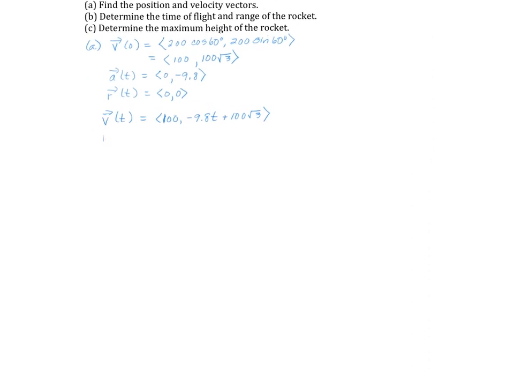So our position vector r of t is going to be 100t, comma, negative 9.8 t squared over 2, which would give me a negative 4.9 t squared, plus 100 square root of 3t, plus 0.